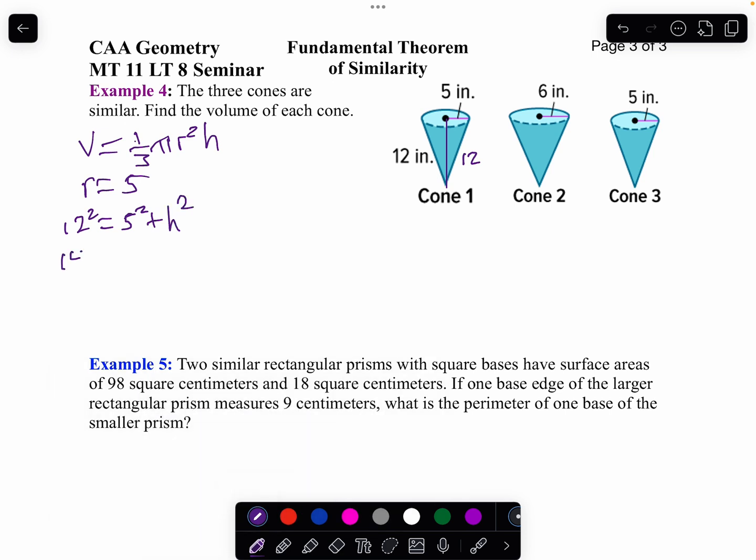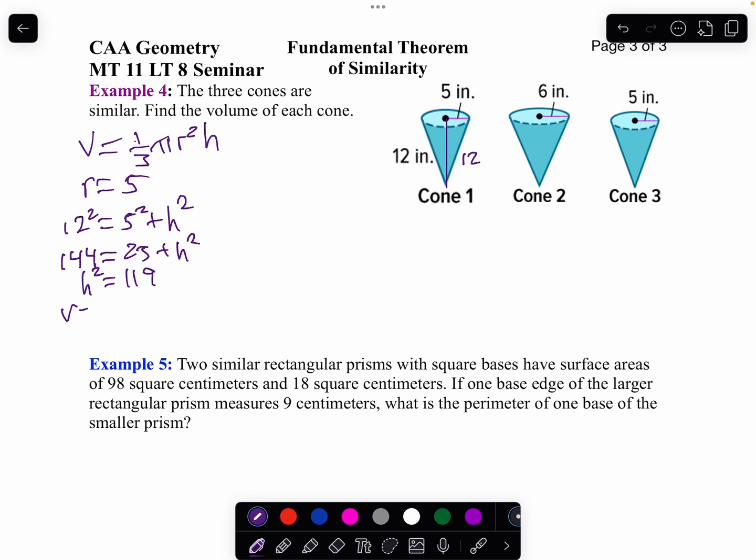So 144 equals 25 plus h squared. And if I go ahead and do that, 144 minus 25 will give me the square root of 119.